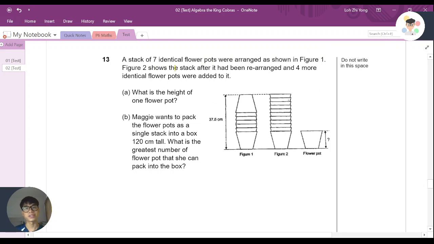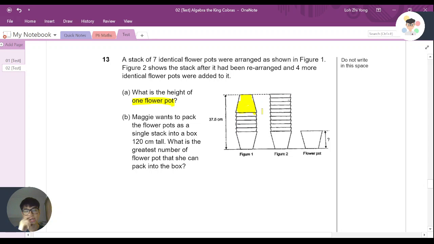Figure 2 shows the stack after it has been rearranged and 4 more identical flower pots were added to it. What is the height of one flower pot? They're asking for one flower pot, so you can just choose one here.